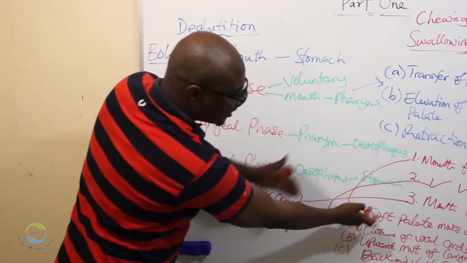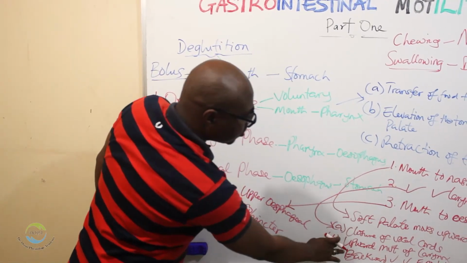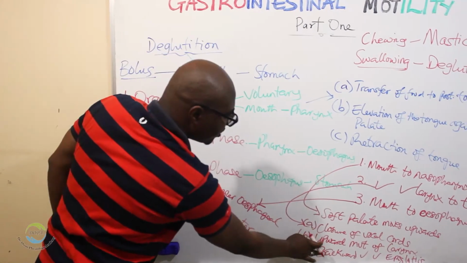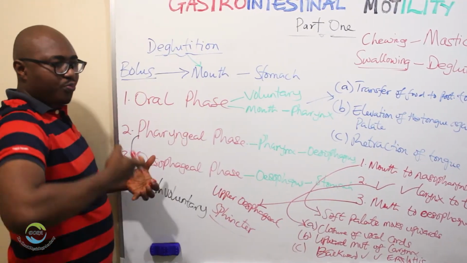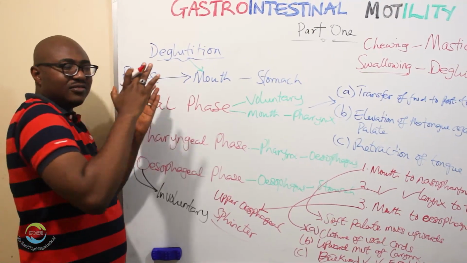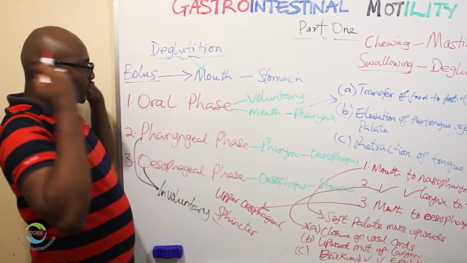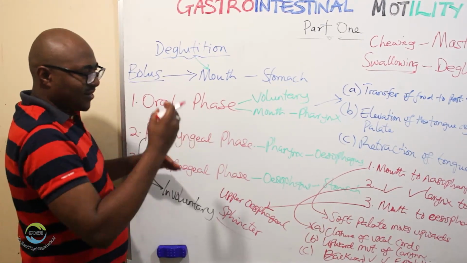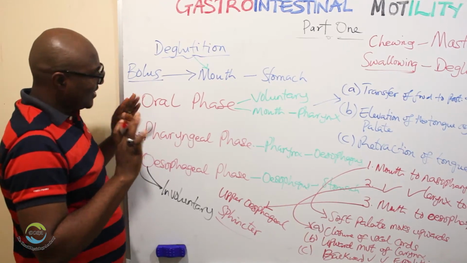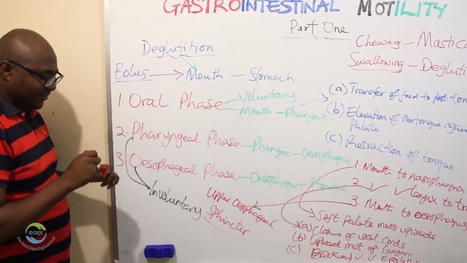These actions from number 1 and 2, the soft palate going up and the larynx going up and backwards, open up the upper esophageal sphincter that separates the mouth from the esophagus. Then the food that has been pushed from the oral phase now enters the esophagus. So this is now complete.